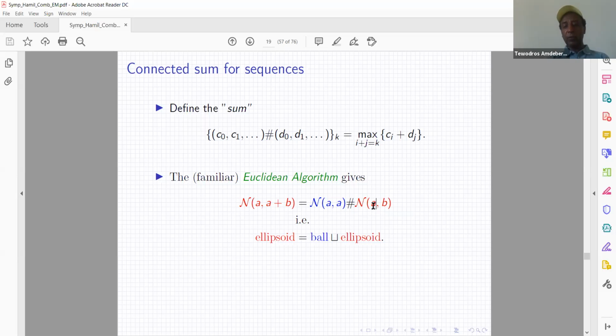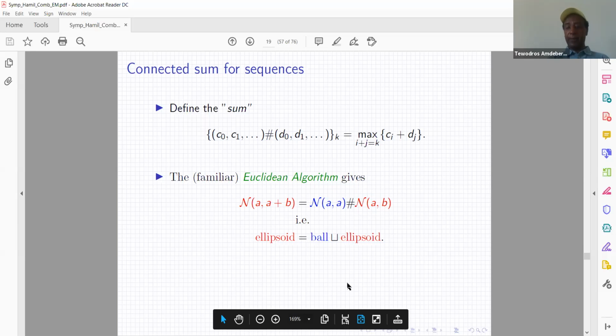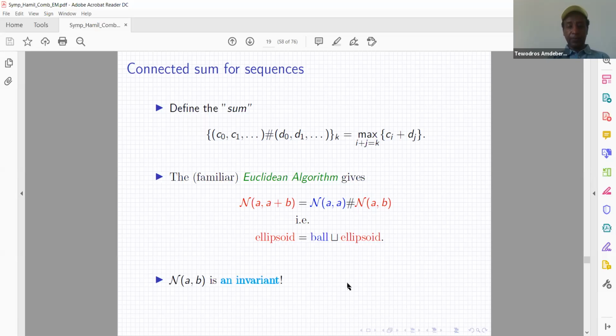Basically, without going into the details, this is a Euclidean algorithm. What does that mean? This means if it's an ellipsoid of side areas A and A plus B, then it is decomposable almost fully into a ball, because A and A are the same, and an ellipsoid, a disjoint union. That's the bottom line, by just cutting up an ellipsoid.